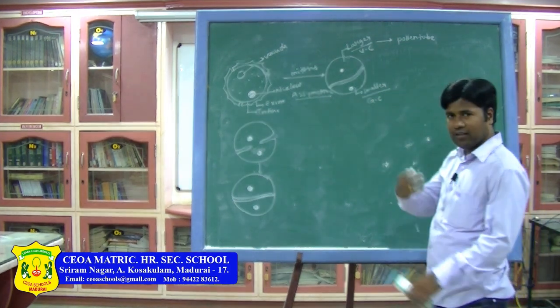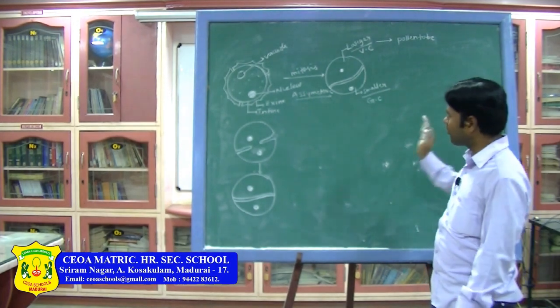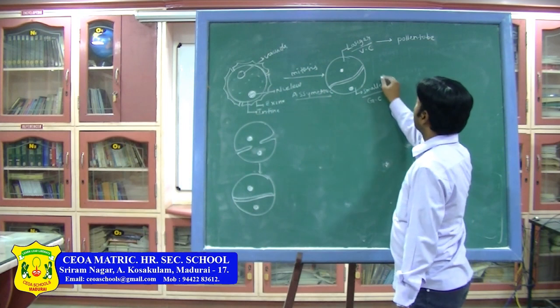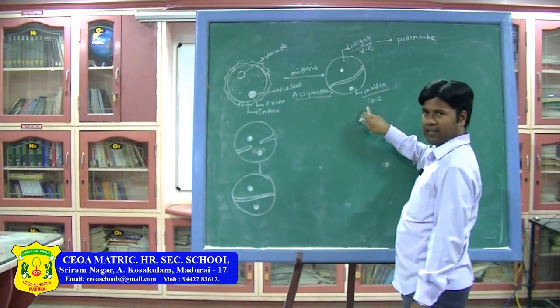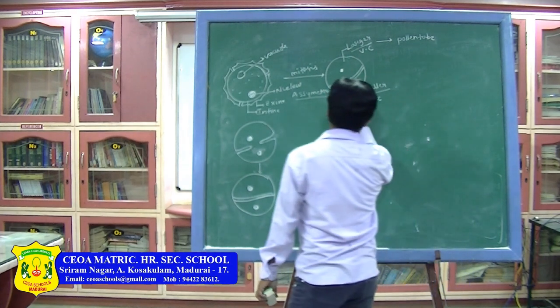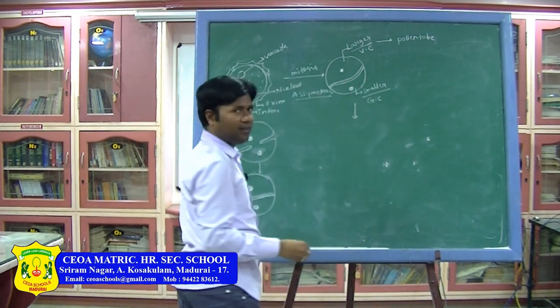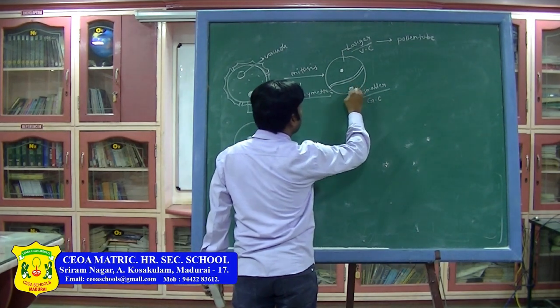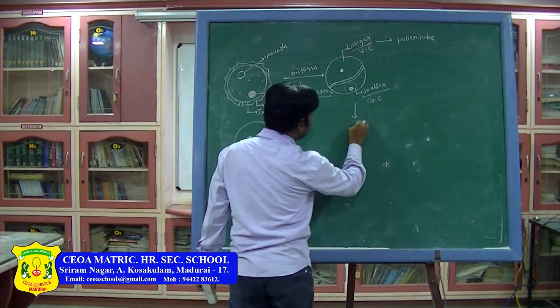Okay. But now I am going to explain the 3-celled stage. In the 3-celled stage, what happens? In this smaller one, the GC, there is some modification. First, around this a callose layer will be formed.